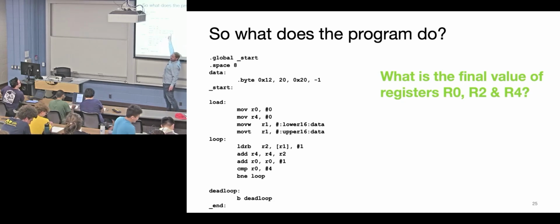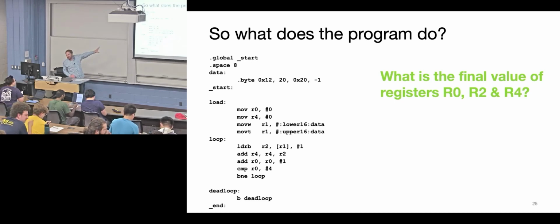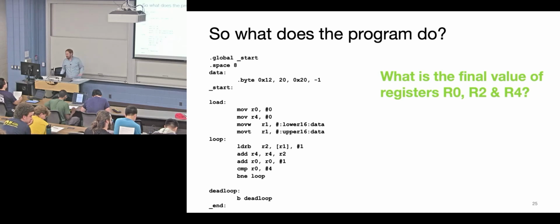This is the address right here. But I don't know what that address is before I compile. I have no idea what it could be, so I have to represent it some way. Oh, that's why you have this data byte. That is the data itself.